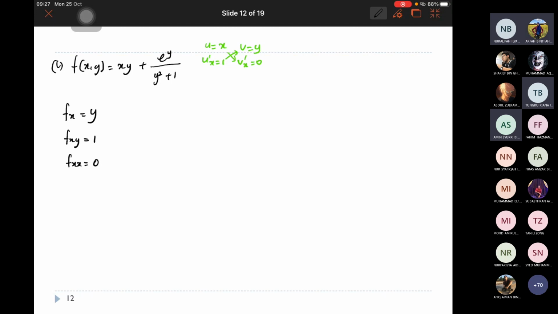Then bezakan pula fy. So u sama dengan x, u prime y kosong, v equal to y, v prime y 1. Okay, darab silang. Then awak ada lagi satu u equal to exponential y, u prime y will be the same term, y squared plus 1, v prime y equal to 2y. So v u prime minus u v prime over v squared.